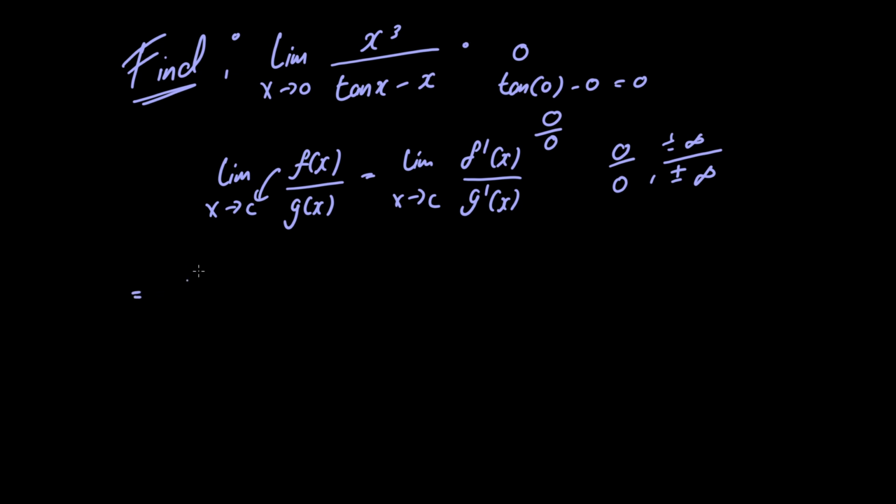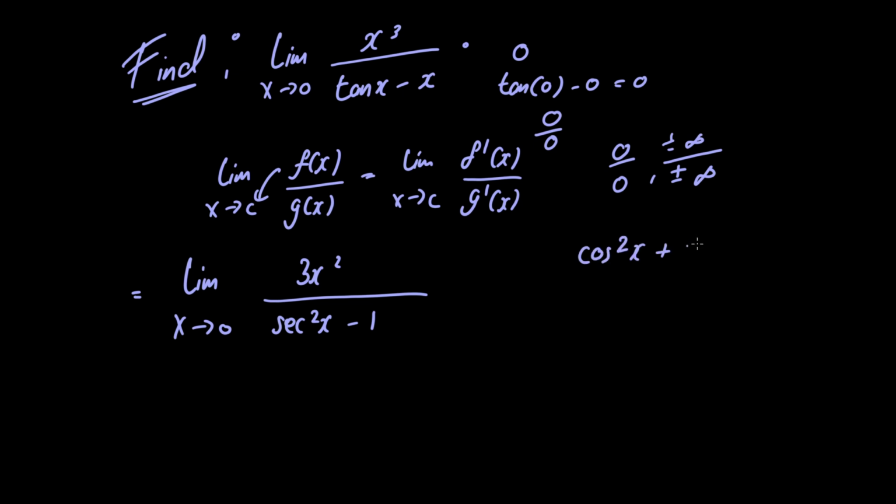So we're going to have the limit as x approaches 0 of 3x squared divided by secant squared of x minus 1. We can rewrite secant squared of x minus 1 as tangent squared of x, because if we start from this standard trig identity, cosine squared of x plus sine squared of x equals 1, and if we divide everything by cosine squared of x, we just have 1 plus tangent squared of x is equal to secant squared of x.